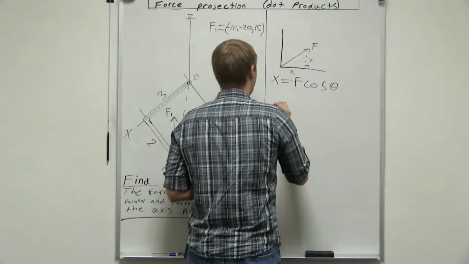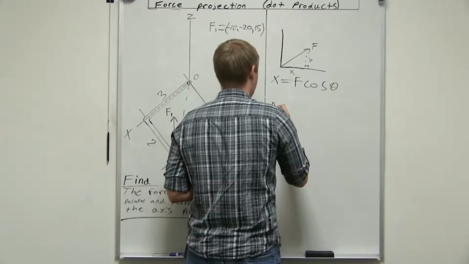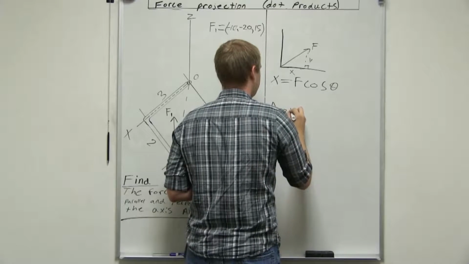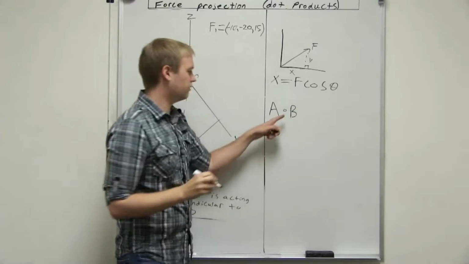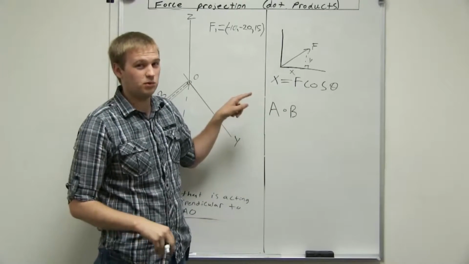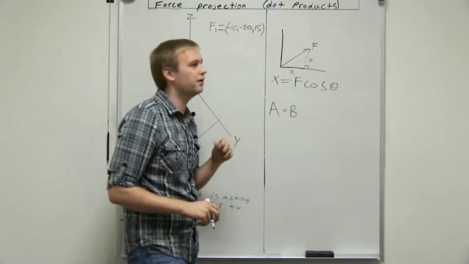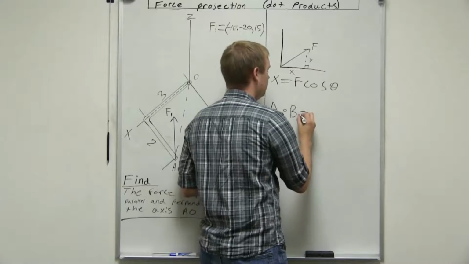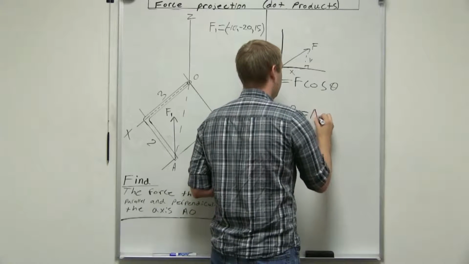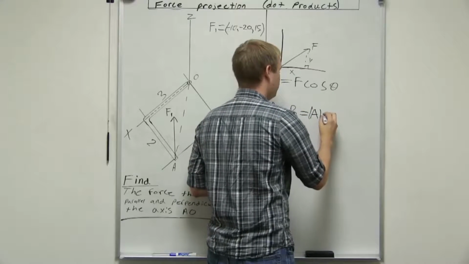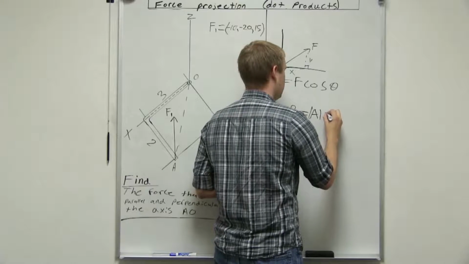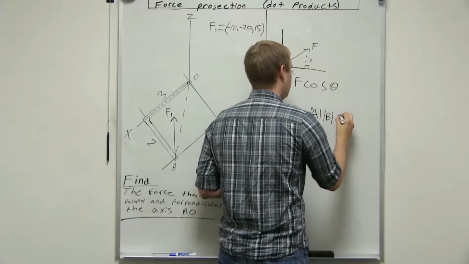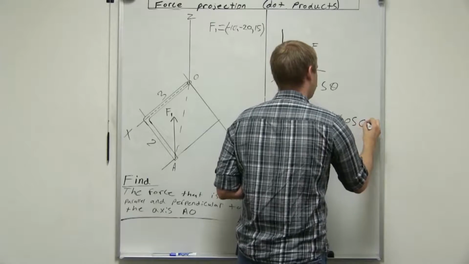The definition of a dot product is A dotted with B, and I use a little open circle here because it's not multiplication, it's a dot product. A dot B equals the magnitude of A times the magnitude of B cosine theta.